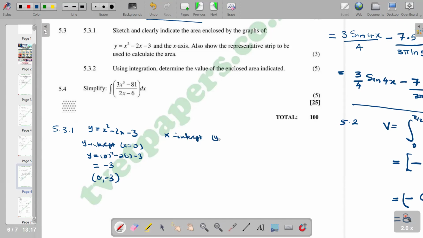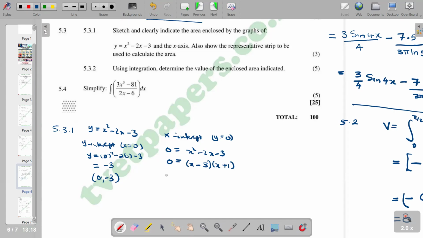Then take note, if you need the x-intercepts, we are going to substitute y equal to 0. So 0 will be equal to x squared minus 2x minus 3. It's now a quadratic equation, so we can solve using the quadratic formula, completing the square, or factorization. Using factorization, this will be equal to x minus 3 times x plus 1.